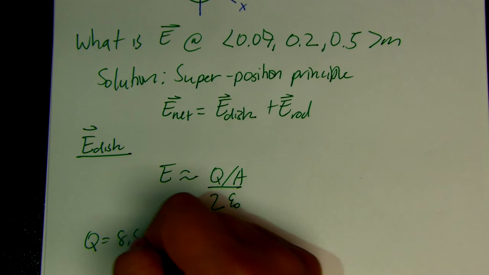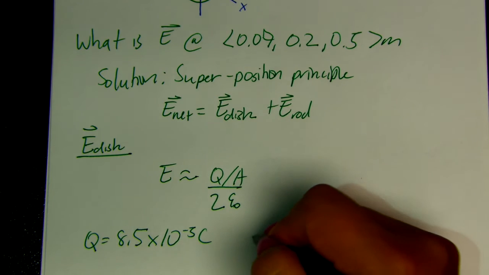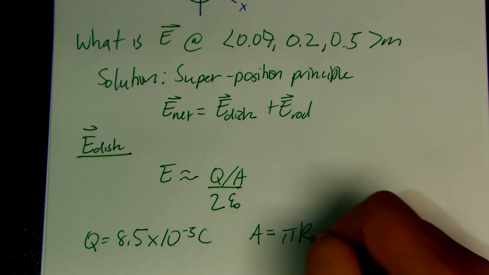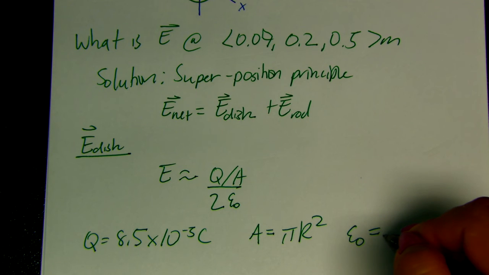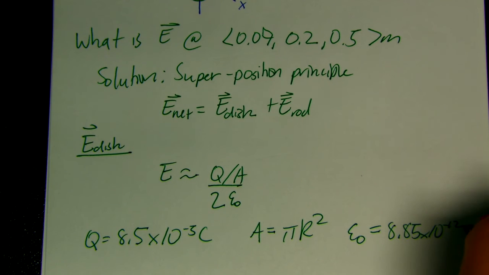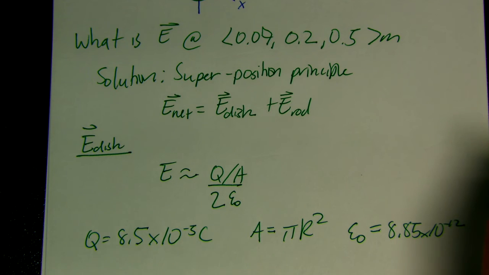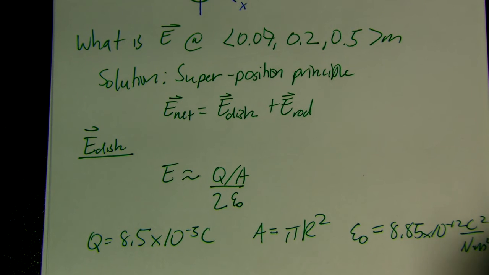Q is equal to 8.5 times 10 to the minus 5 coulombs. Area is pi r squared. And epsilon naught is equal to 8.85 times 10 to the minus 12 coulomb squared over newton meters squared.